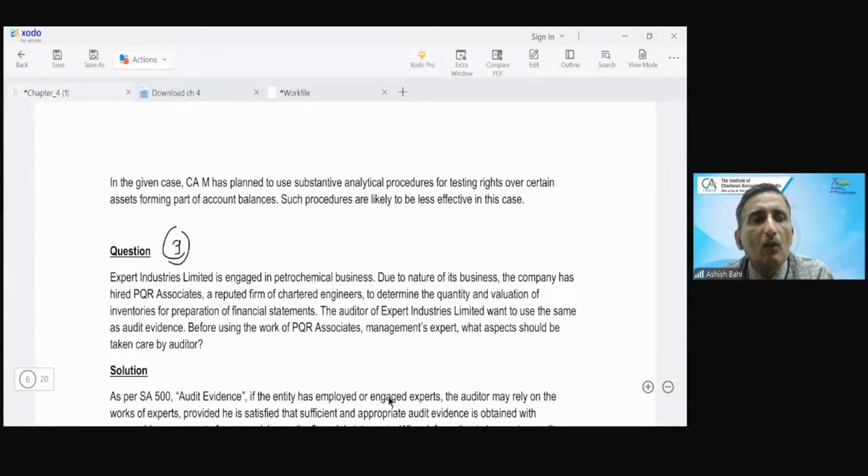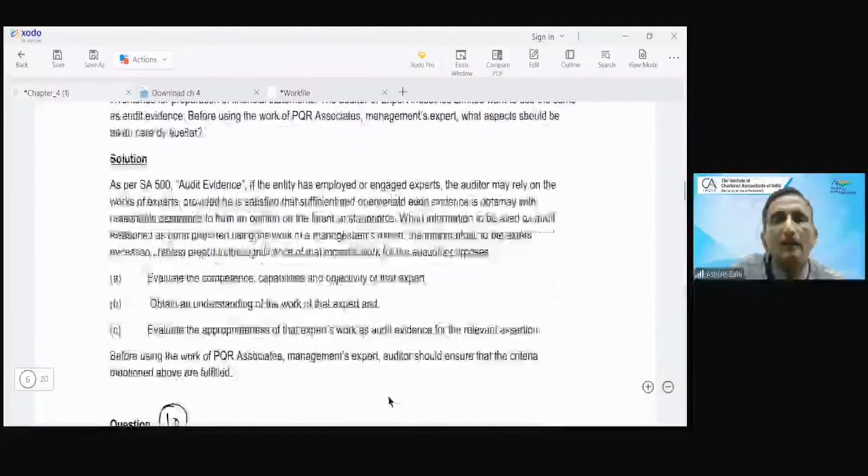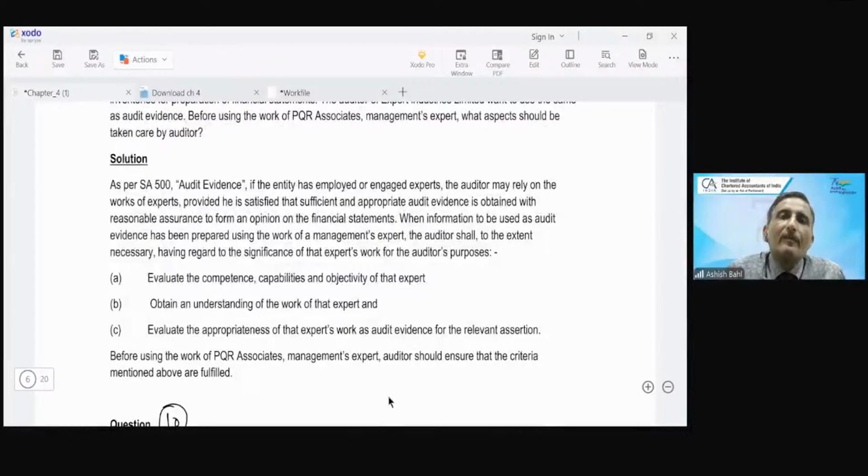Okay. So what aspects should be taken care of by the auditor? Obviously, if the auditor wants to rely upon the report of management's expert, then he has to see whether the expert is a competent person, whether he has no conflict of interest involved, what is his capability, whether he is objective, whether he acts on the directions of the management.